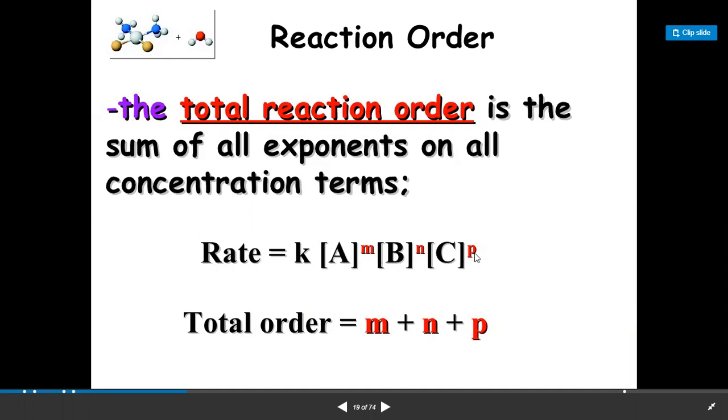So now the order of the reaction is the sum of the powers of the reactant terms. In short, the sum of powers. Here the powers are m plus n plus p, which gives the total order of the reaction.